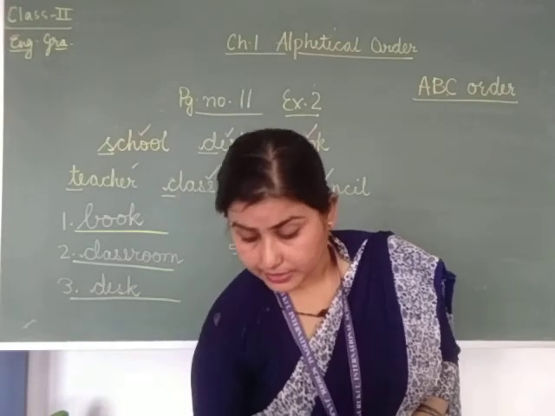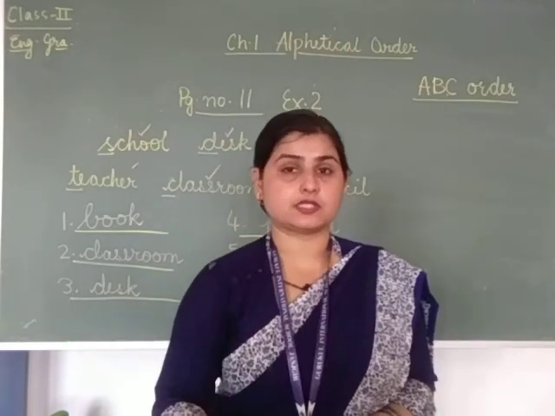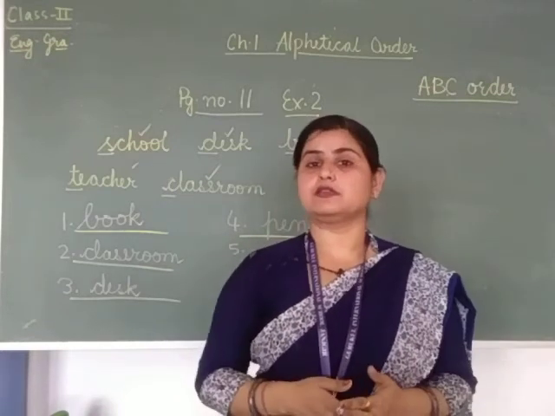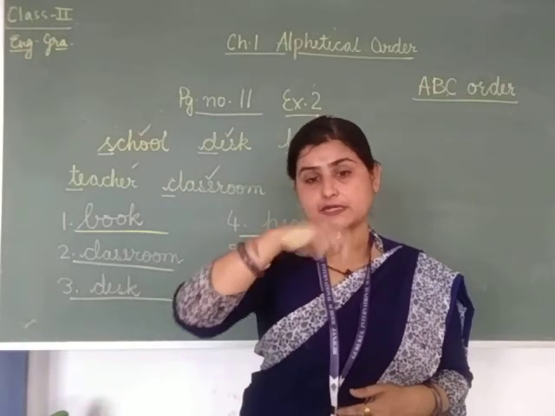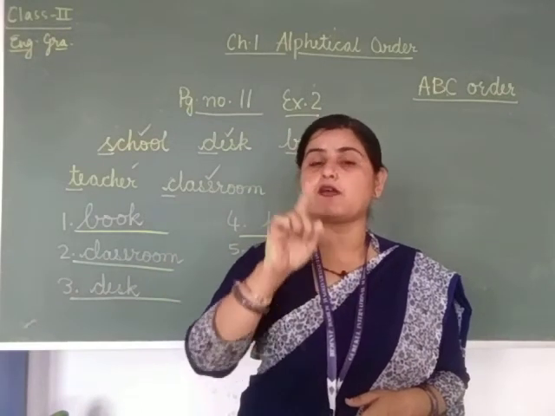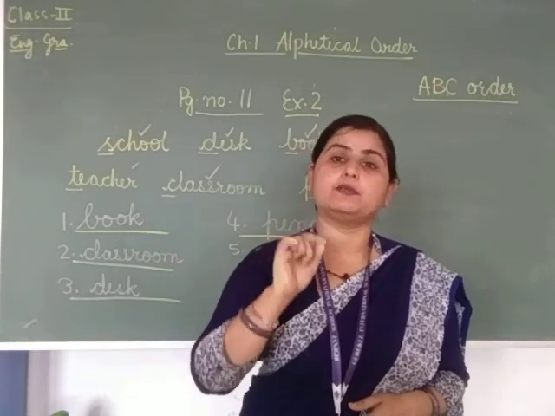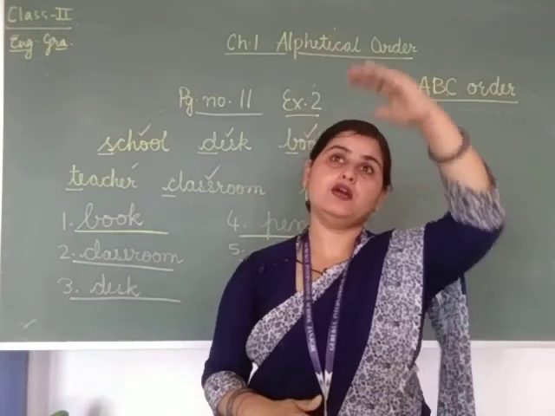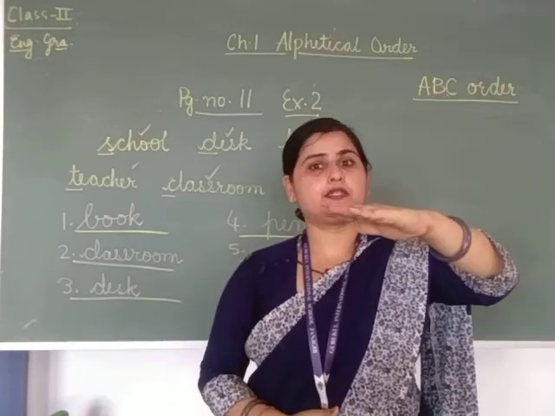And I want to tell you an amazing fact that you have an attendance register in your class जिसमें आपका attendance लिया जाता है. So that register is always written in an alphabetical order. इसका मतलब ये है कि जिसका नाम A से होगा उसका नाम सबसे पहले लिखा जाएगा.